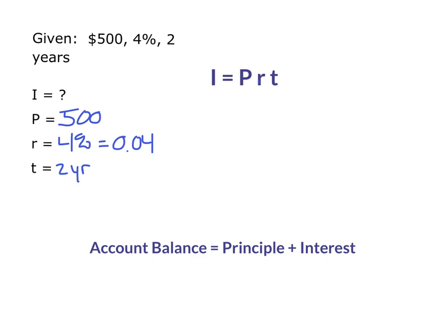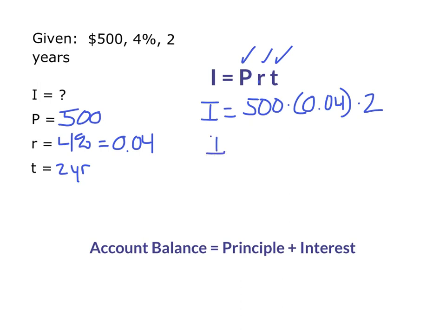Now, when I look at my formula, I'm looking for I, but I have the P, I have the R, and I have the T, and I'm just going to fill them in. So to start, I'm just going to fill in what I have. I have 500 times 0.04 times 2 years. And when I do the math out, I get the interest is $40. That's part of the answer.